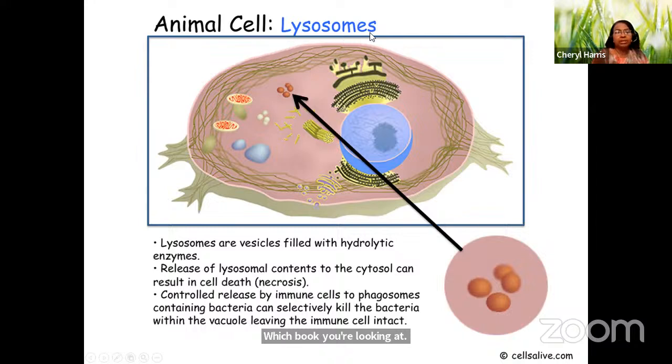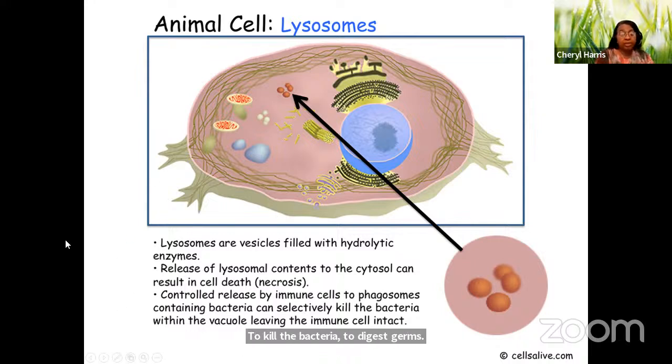All right, lysosomes. Sometimes they call them suicide sacs because they contain the little enzymes. So again, the Golgi body made the lysosomes, and then the lysosomes release things to kill the bacteria, to digest germs.